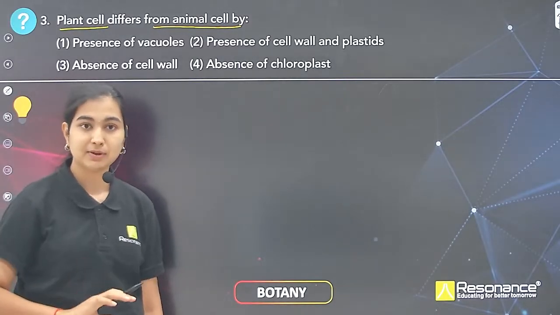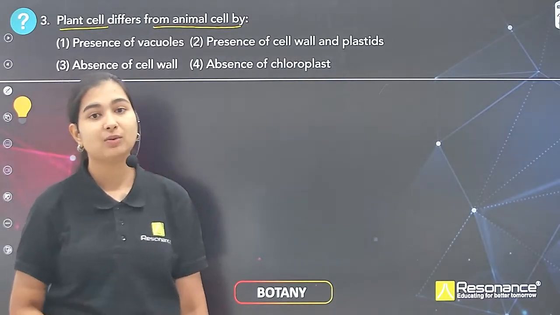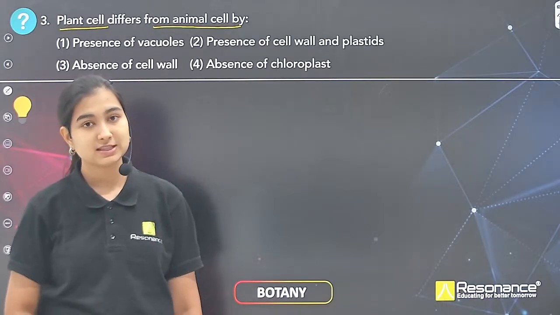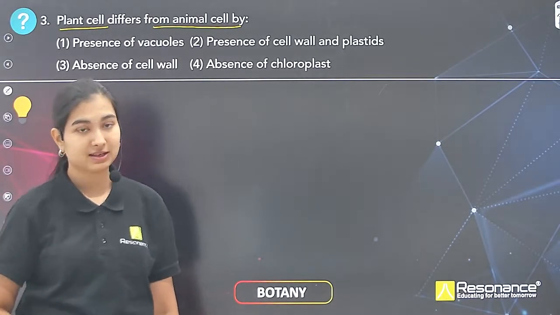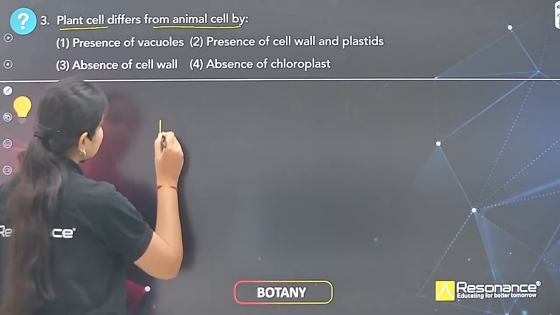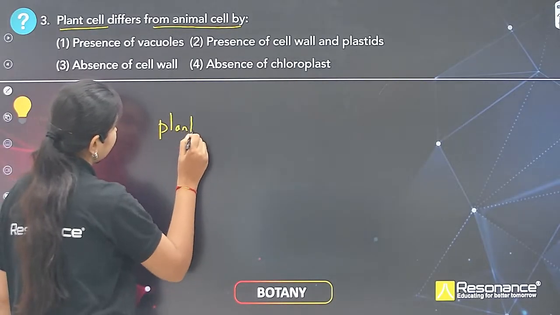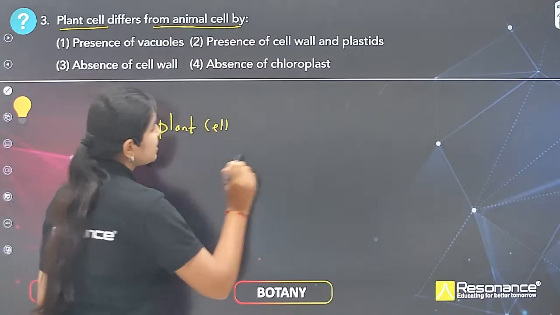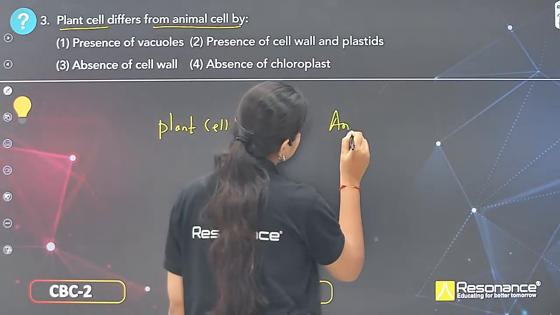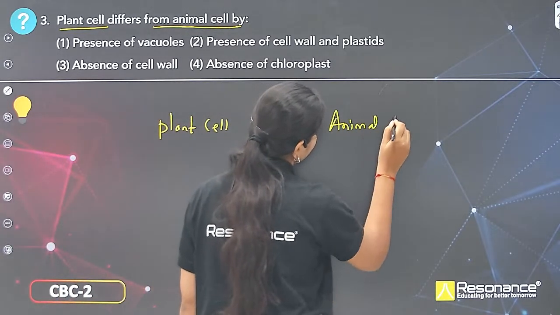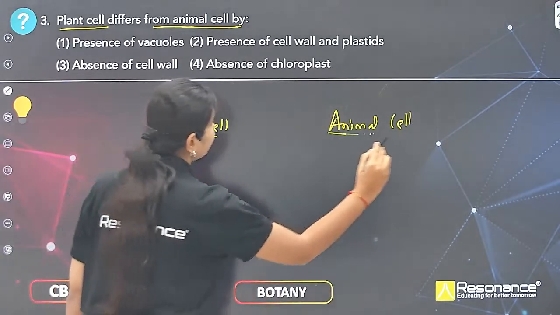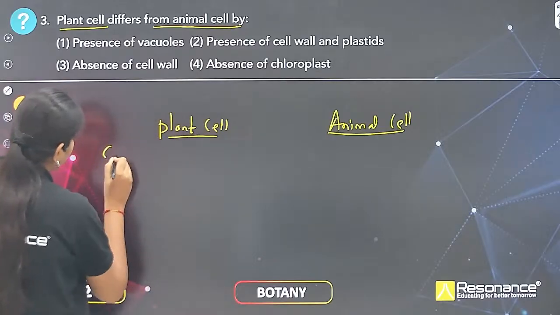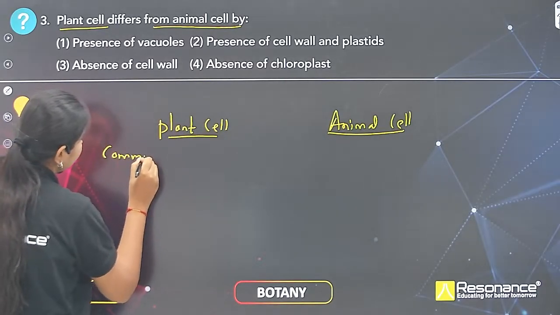Both cells have cell organelles, but what is present in excess and what is absent? If you see the plant cell and the animal cell, what is commonly present in both?